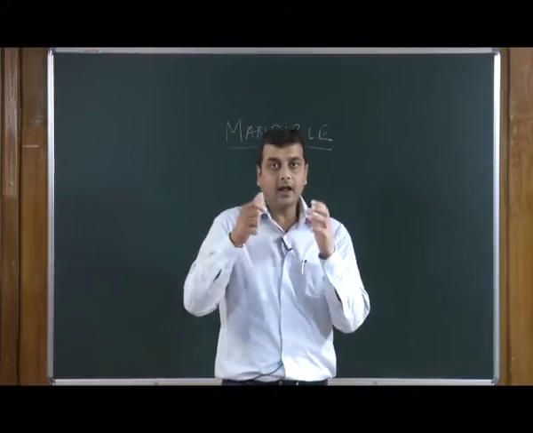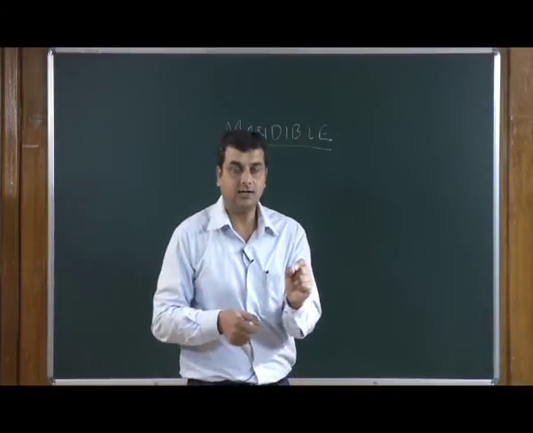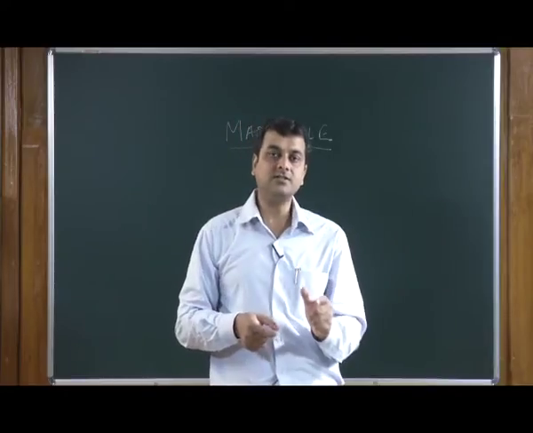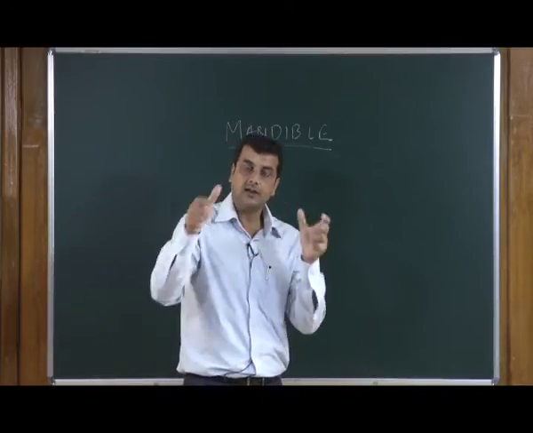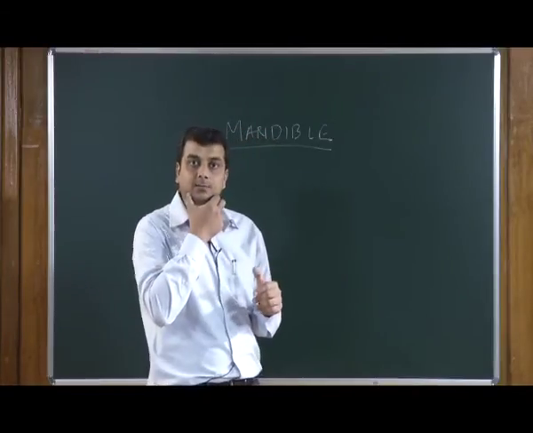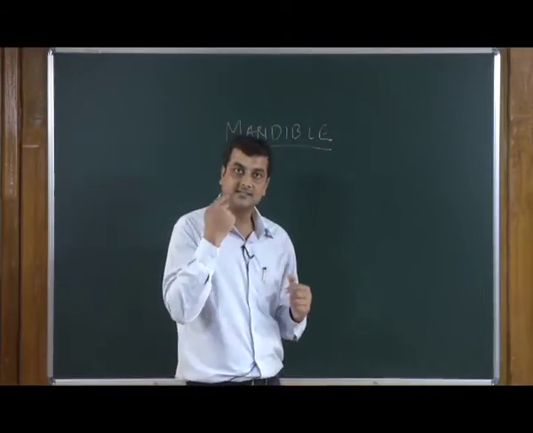Now there are many bones, and we will go one by one to each bony structure and see the specificity of each and how these bony structures are covering the entire skull region. As I said, the mandible is the only mobile bone in this skull region.